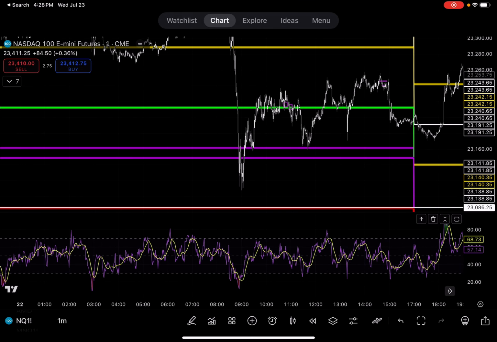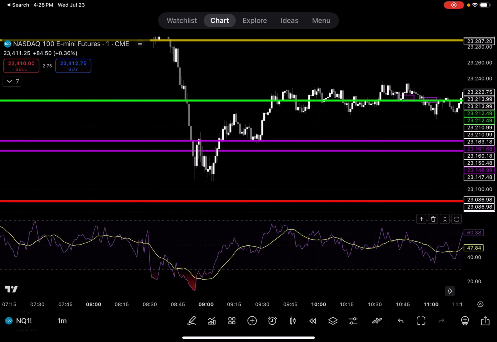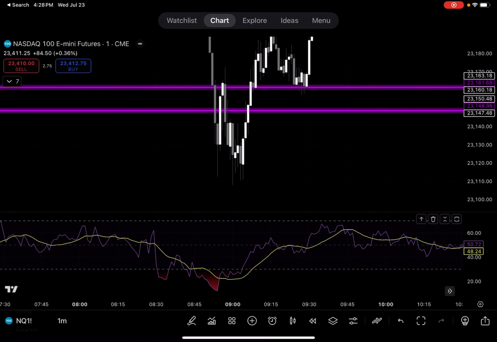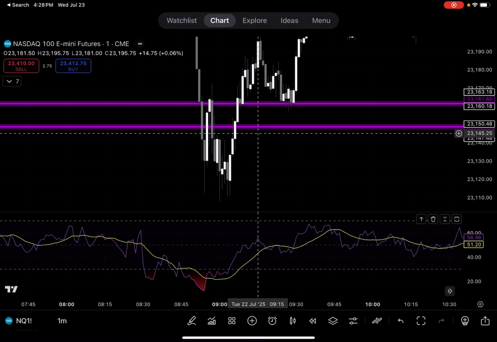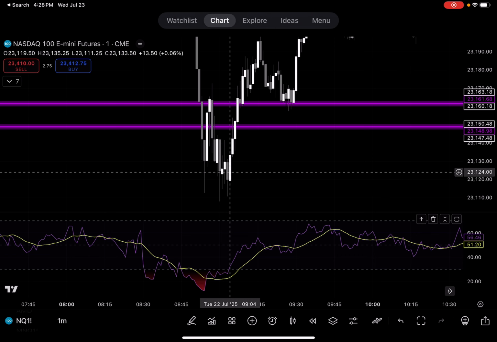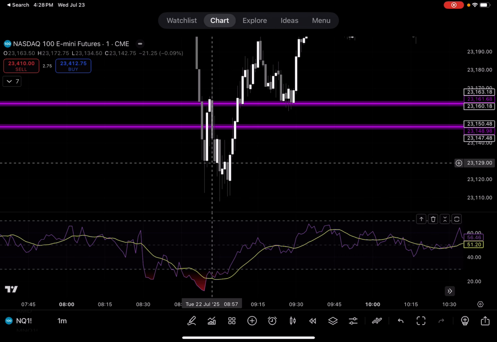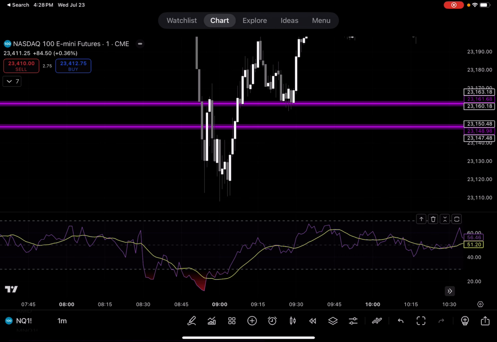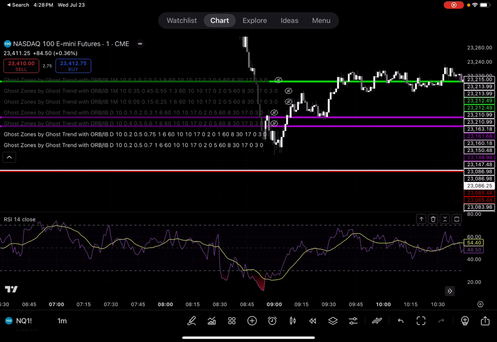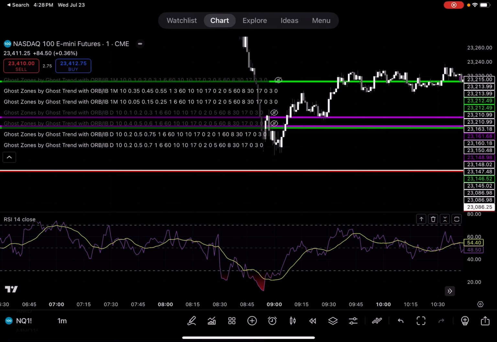Like for instance here, you had this move down, you had a bearish divergence. And actually, I want to say this was on a, can't remember.